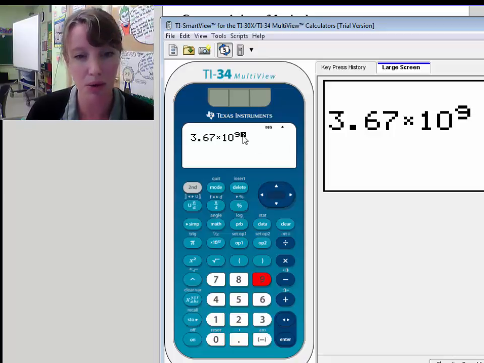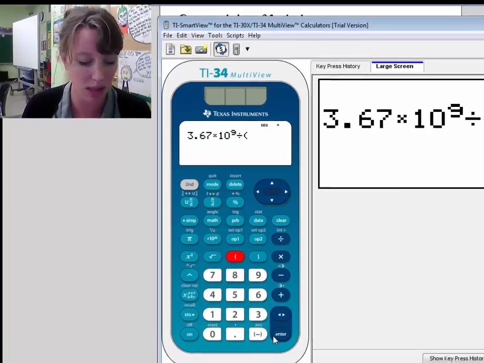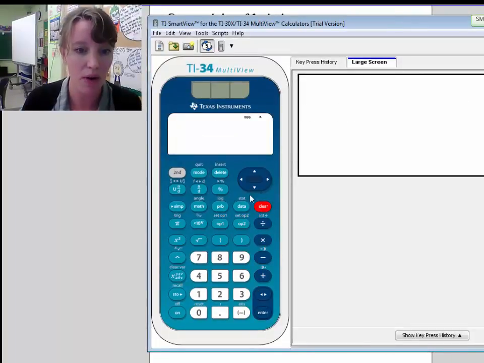Okay, notice that my blinker ends up in the exponent, so I want to press the right arrow and I want to divide this by, and let me use parentheses to put the entire thing in the denominator here. Or if I want, I can actually make it into a fraction.